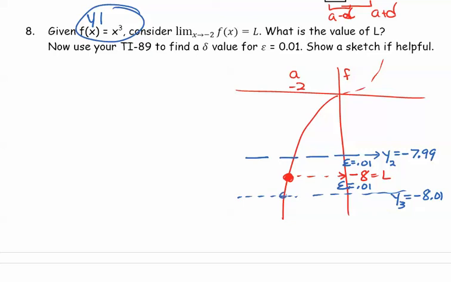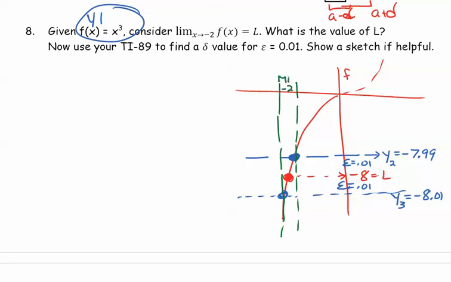Then what we're interested in is finding the x coordinates. So we've got a pretty small delta value here. Let's see if I can make some green lines between those. I kind of missed my -2. Should have been between those two lines. There's our -2.